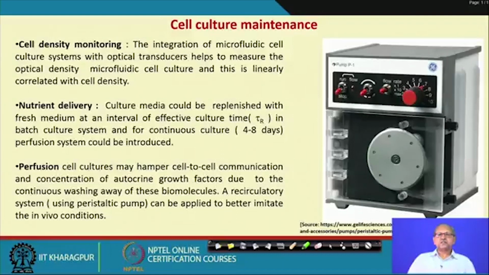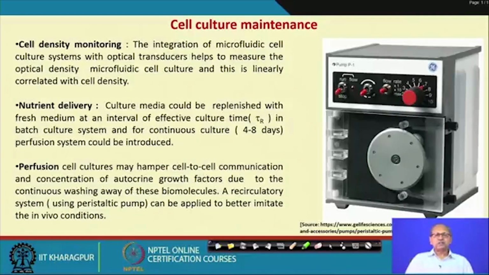But a perfusion system is not always good for the cell culture, because cells in contact liberate some autocrine factors. So, local constant autocrine factors are very much necessary for cellular growth. If you perfuse continuously, these autocrine growth factors will be diluted or will go out.